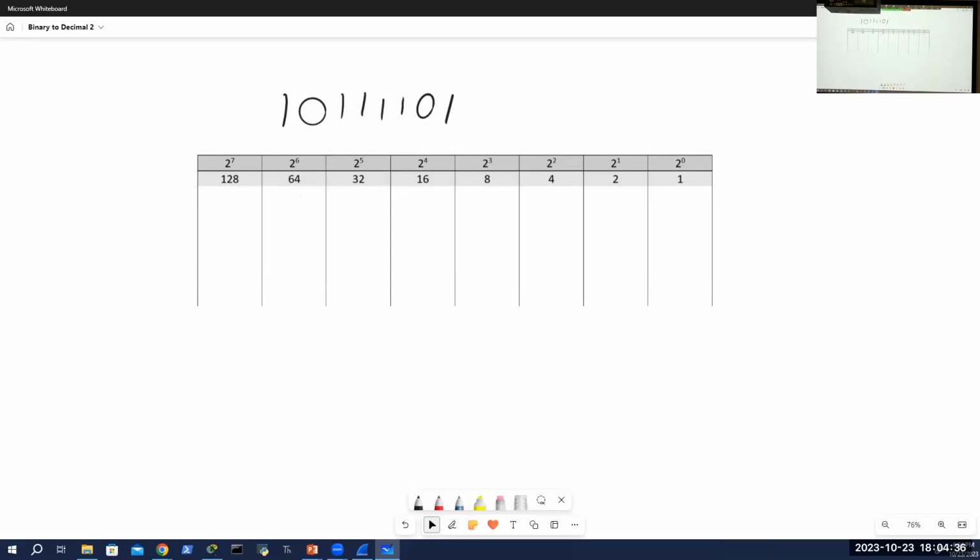So that's your first check to see if you converted it correctly. If the rightmost bit is a 1, it better be an odd number when you've done the calculation. If the rightmost bit is a 0, it better be even. 189? Anyone else come up with anything different?